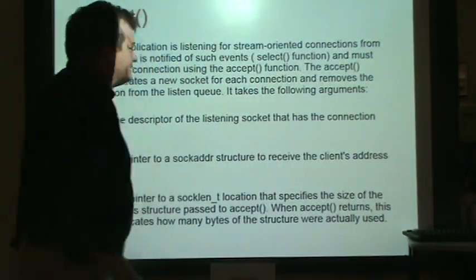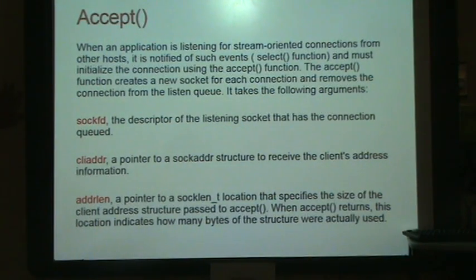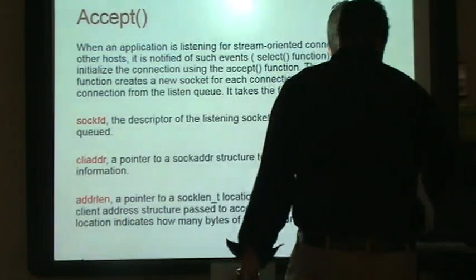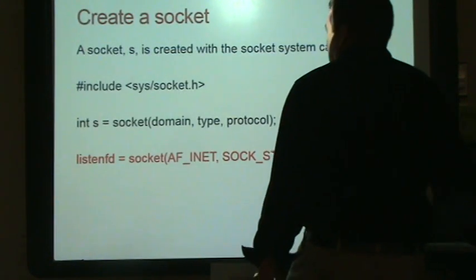And then the accept state is where you are actually putting yourself to sleep and waiting for a message to come in. And then the accept state would have storage for the message coming in from the client, so we would pass information in for the accept.